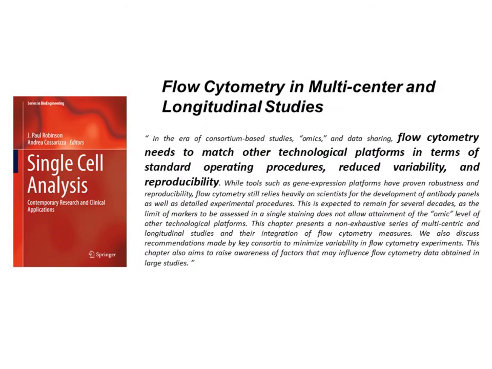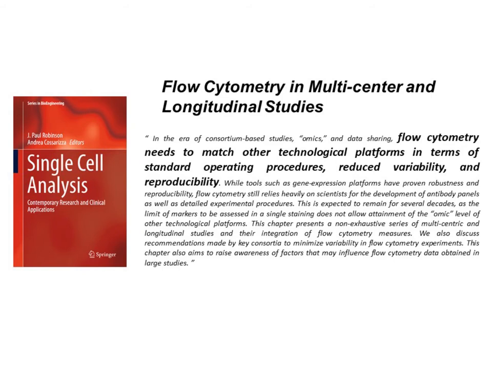This is particularly of interest to us as we are interested in human aging, and this requires, as you understand, very long studies. So practically, how can I ensure that my flow data from a donor A collected in 2013 will be comparable to the one I'm running in 2015, 17, 19, or even beyond?